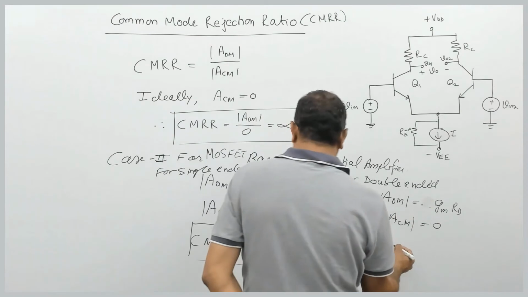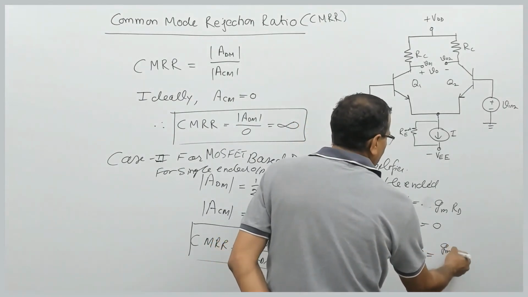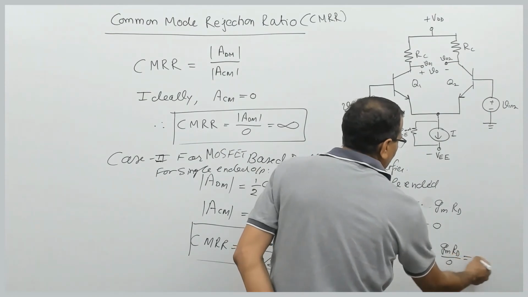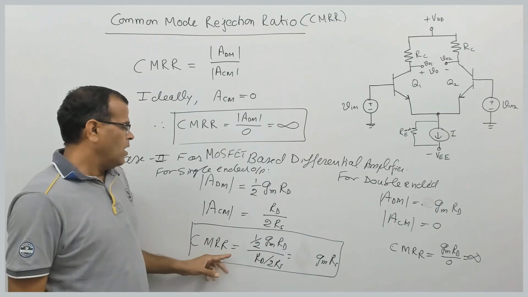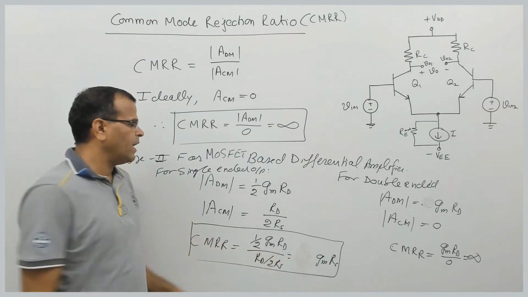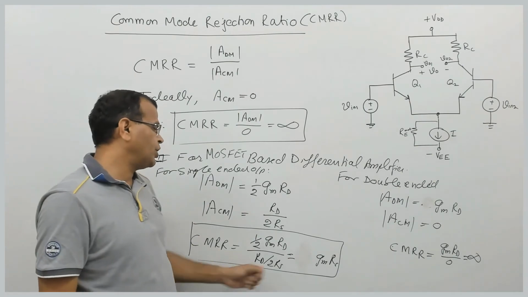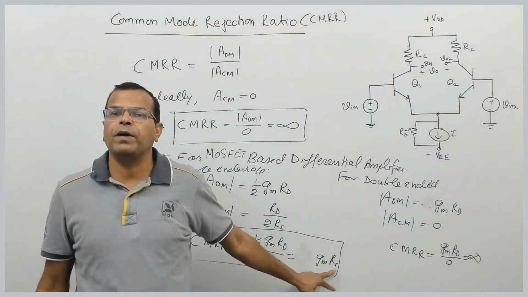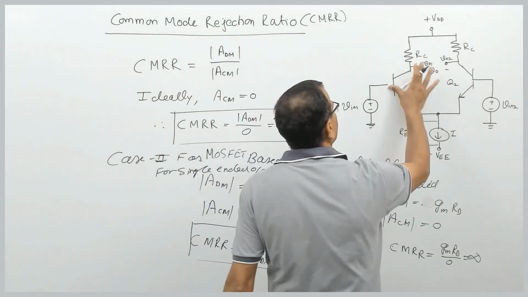So the common mode rejection ratio will be GM upon RD divided by 0. So that will be infinite. But you please see this. So by seeing this, I can definitely conclude that the common mode rejection ratio can be increased by decreasing RS, right?